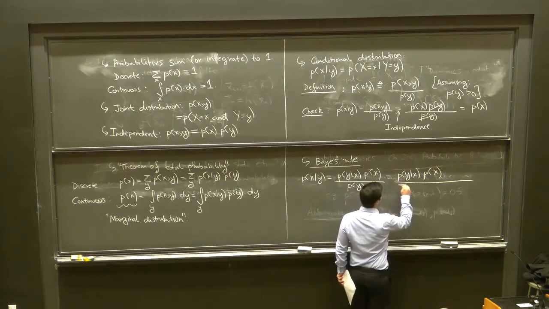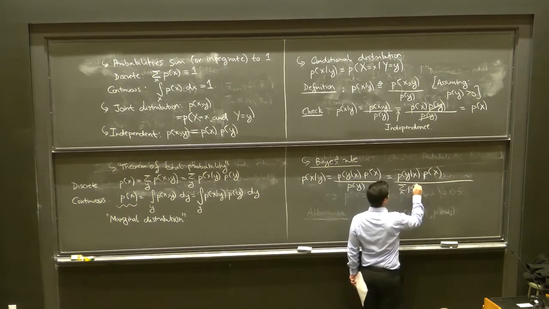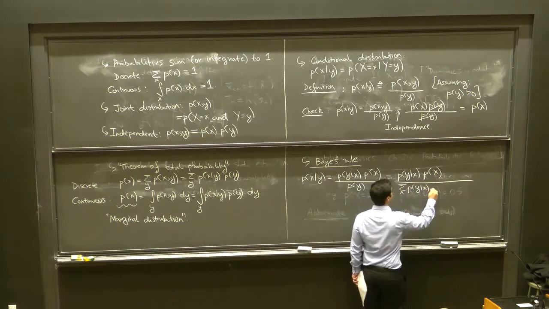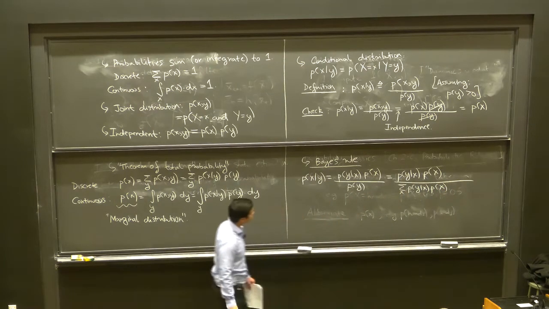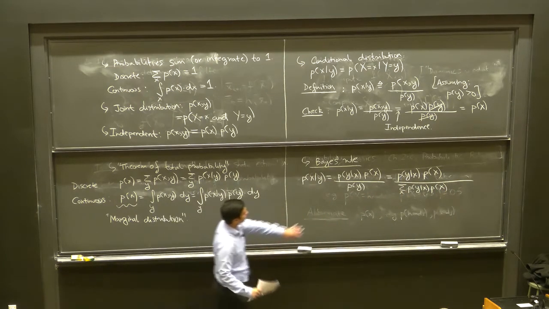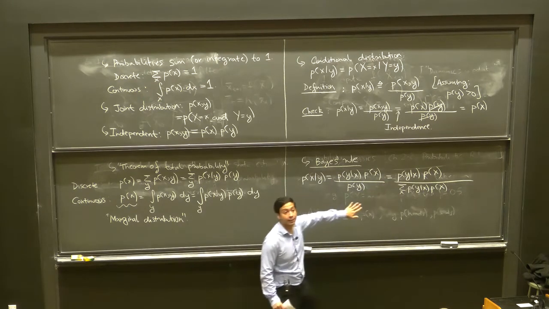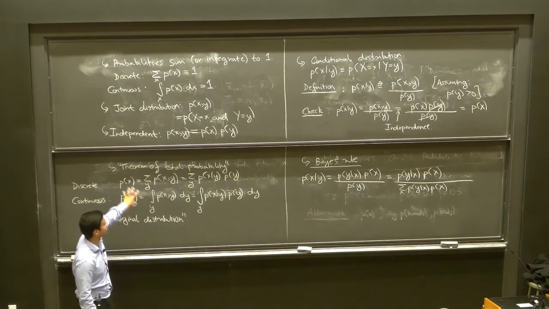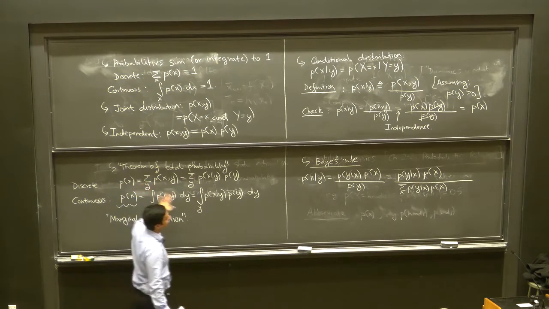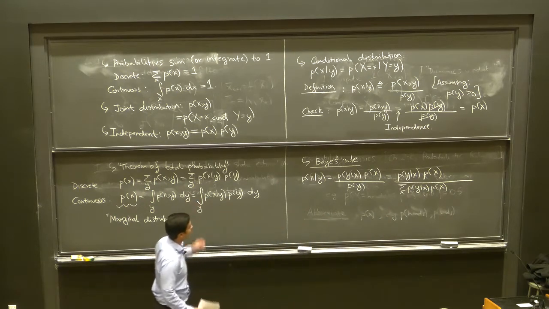So we can write the denominator as a summation over x of P of y given x multiplied by P of x. This equality just follows from the law of total probability, which we wrote over here. It's kind of inverted. I wrote it in terms of summation over y, here we're summing over x, but it's the same thing.